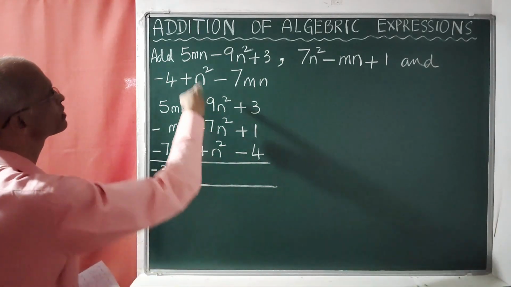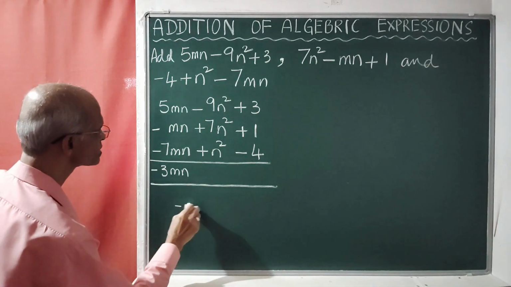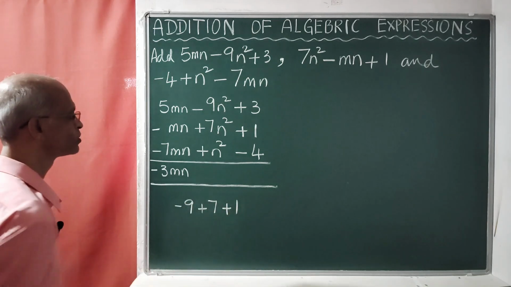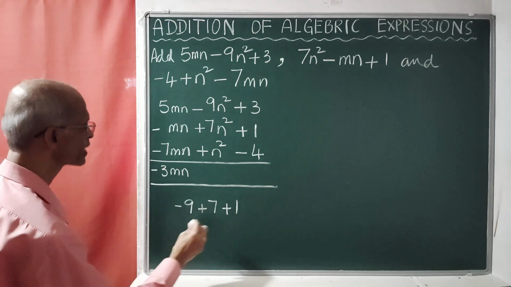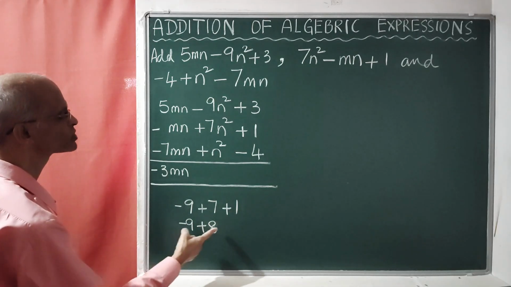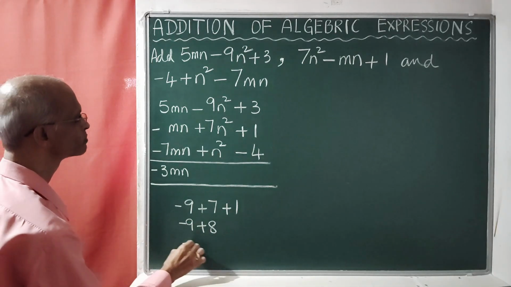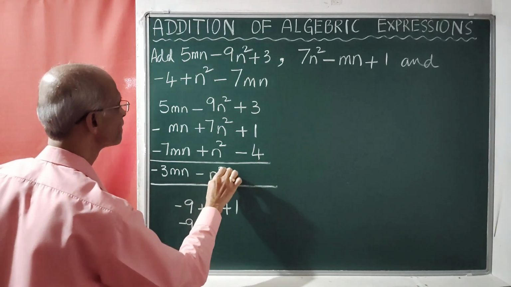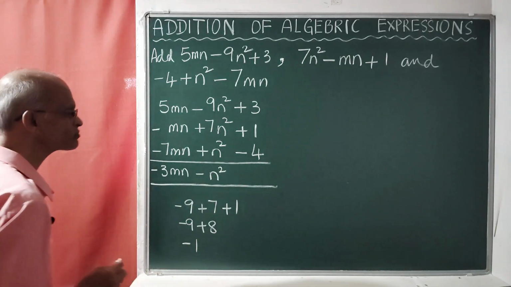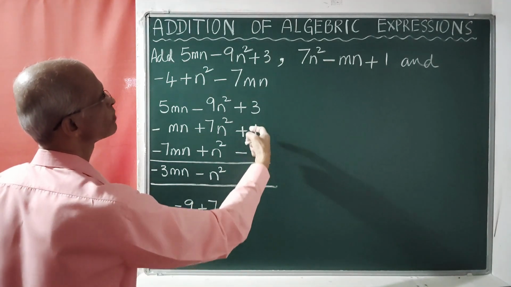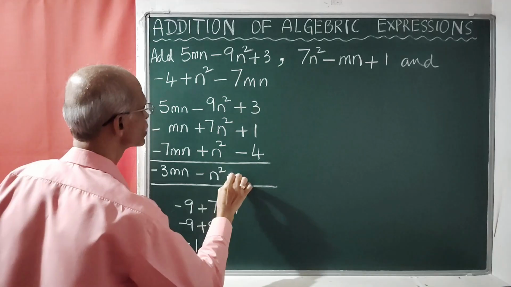Next, you can see here we have got minus 9 plus 7 plus 1. So if I solve these two, what I will get? Minus 9 plus 8. Again, these two if I solve, I will get minus 1. Okay, so minus n square. Here 3 plus 1 is 4, plus 4 minus 4 is 0.